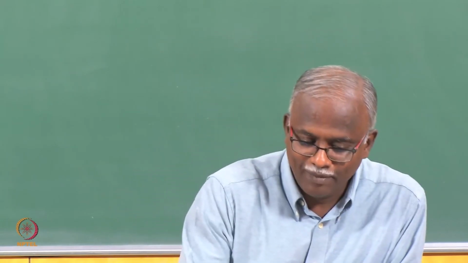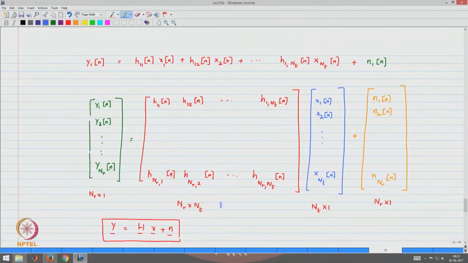So, the MIMO problem statement is that we are given the observation, the vector y. We assume that the channel matrix H is known. The task before us is to estimate x.